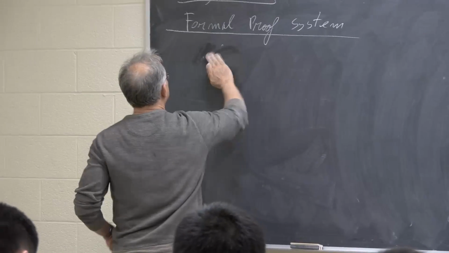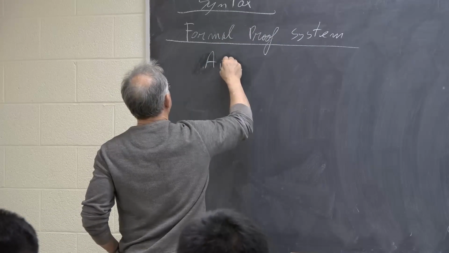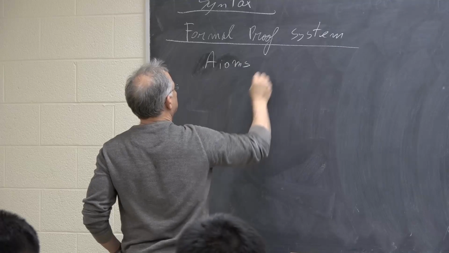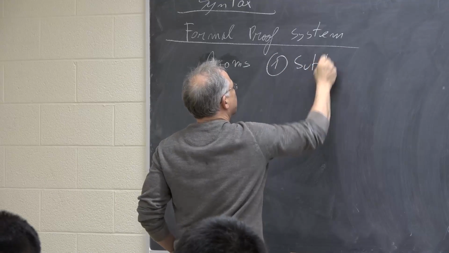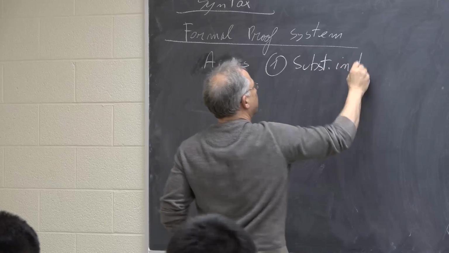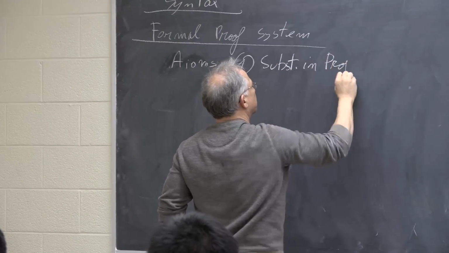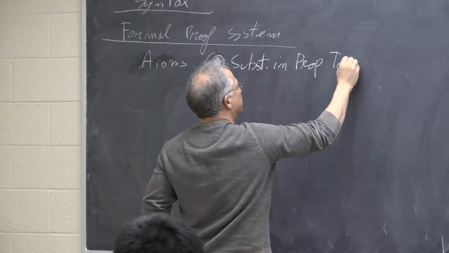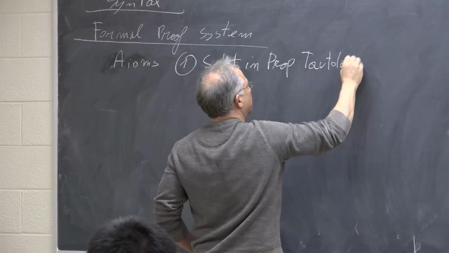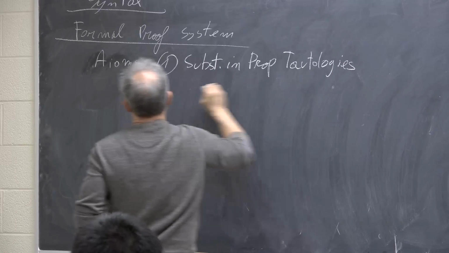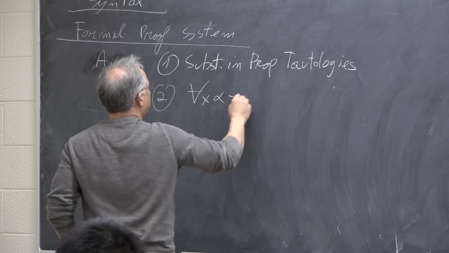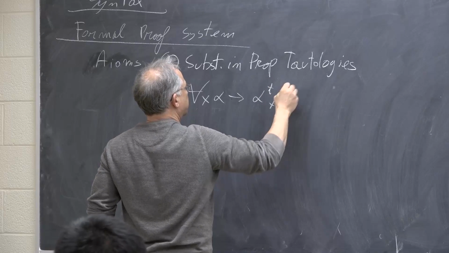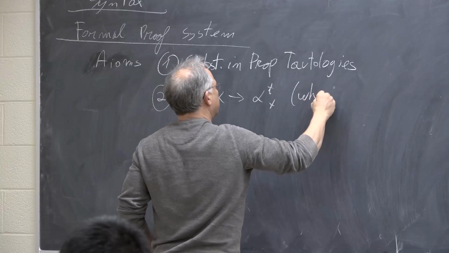So what are the axioms? The axioms are, one, substitution instances of propositional tautologies, and two, for all x alpha arrows alpha t over x, when allowed.